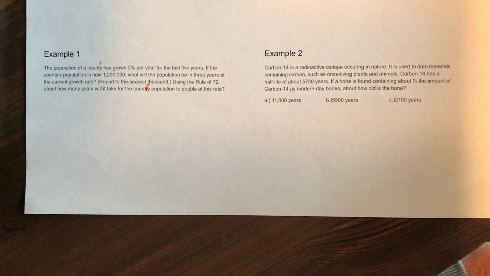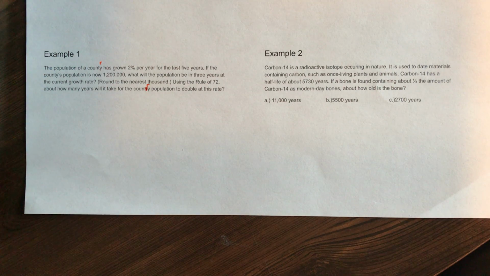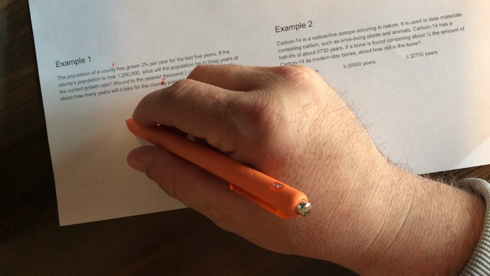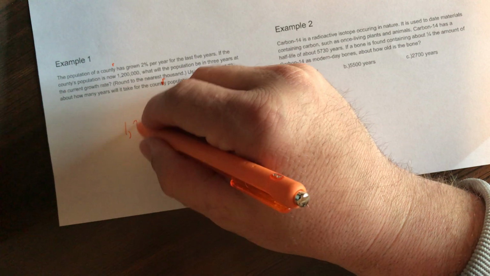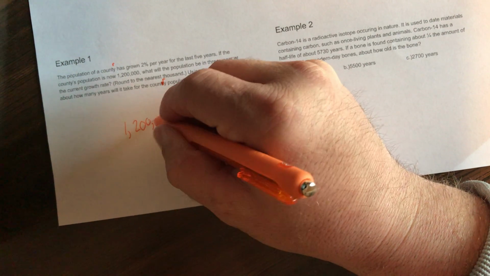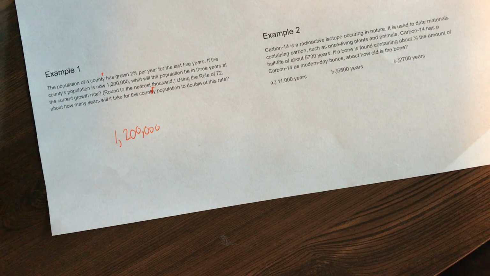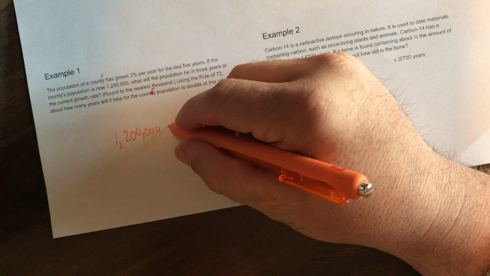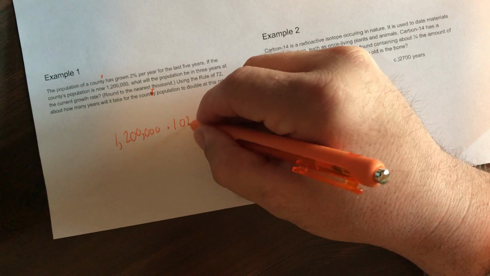So you'd have to just go and calculate it out. The next year, if it grows 2%, I already have 1,200,000, and I'm still going to have those people. So I'm going to have 100% of those people plus 2%. Well, isn't that times 102?